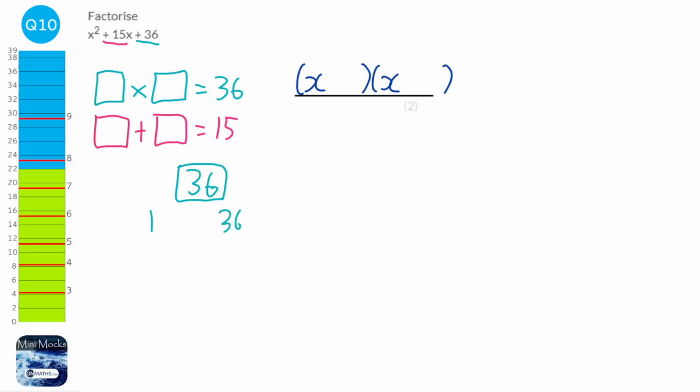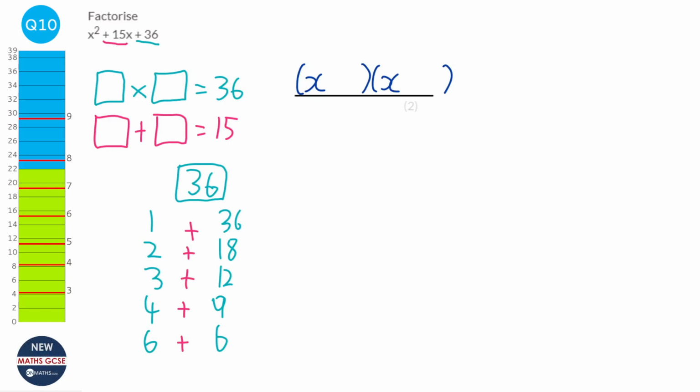So 1 and 36, 2 and 18, 3 and 12, 4 and 9, and 6 and 6. And we're looking for which ones of those add together to make 15. And we can see here it's going to be 3 and 12 add together to make 15. So our two numbers are going to be plus 3 and plus 12, or the other way around.